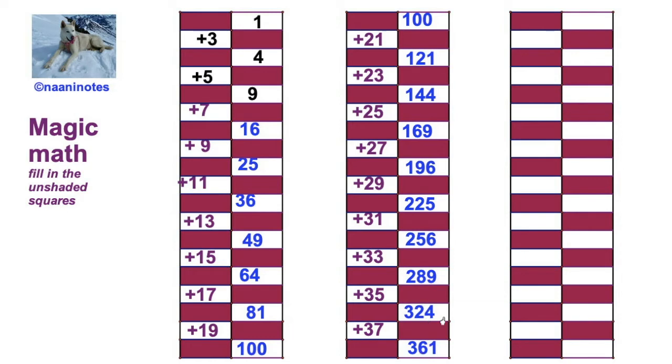Okay, we're down the bottom of the second column, and we're going to go up to here and just repeat that 361. So just continue it from there. We're going to add the next odd number, 39. Ooh, and then a 0 for once. Look at that. That's looking like 400.